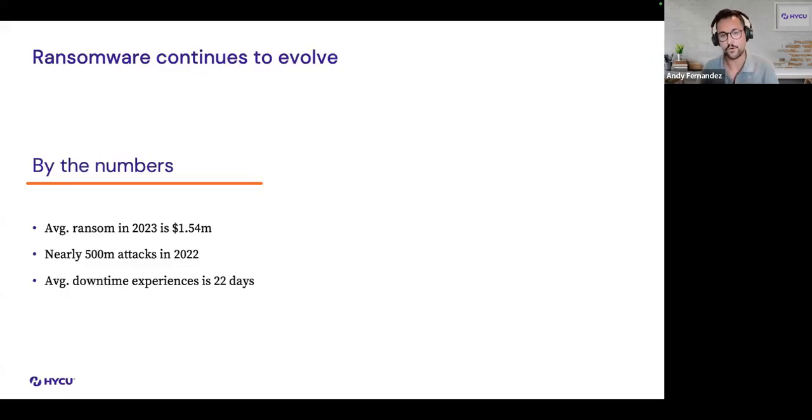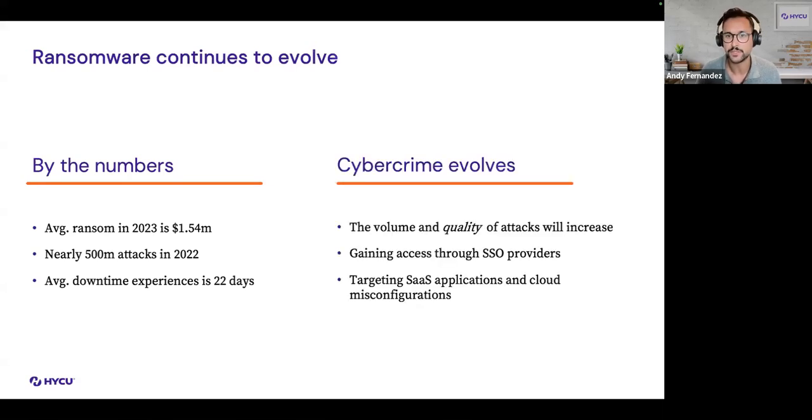Well, even before the existence of Evil GPT and Worm GPT, you already started to see the average ransom increase because they knew the leverage that they had. You saw an increase in volume of attacks, and you saw an average downtime experience of 22 days. But as we see this evolution, this adaptation of AI into cyber attacks, you're going to see both the volume and the quality of these attacks increase.